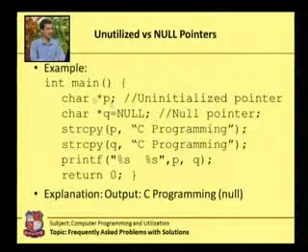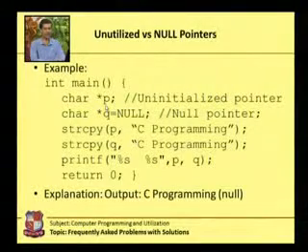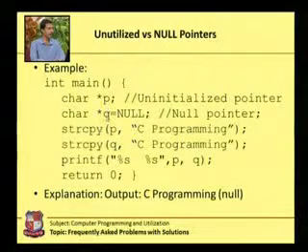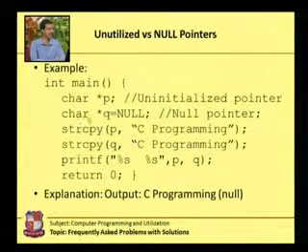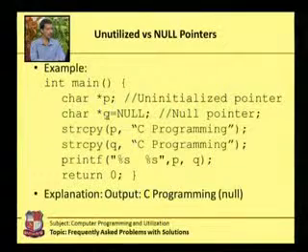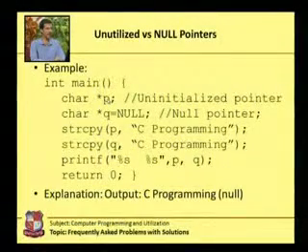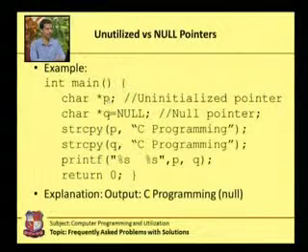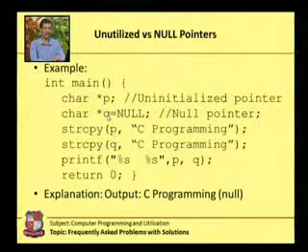Ultimately, this pointer is also going to get some garbage value, and forcefully we consider that garbage value as an address. The next declaration is char *q, but it is initialized with NULL. NULL is a macro which assigns null as a value to your pointer. The first case is known as an uninitialized pointer, and the second case is known as a null pointer.